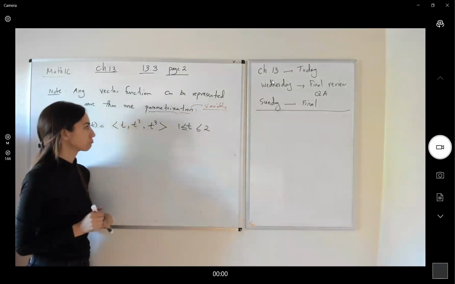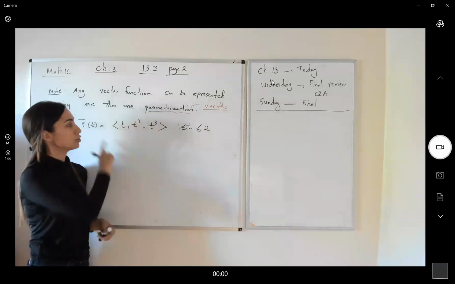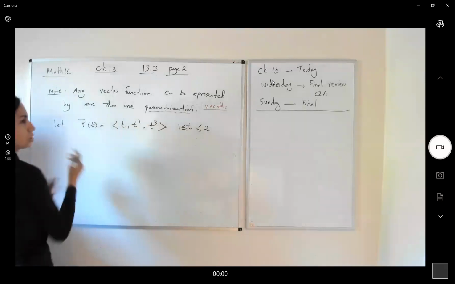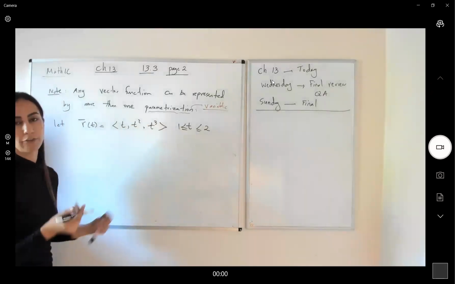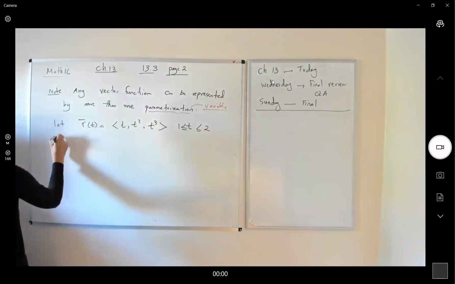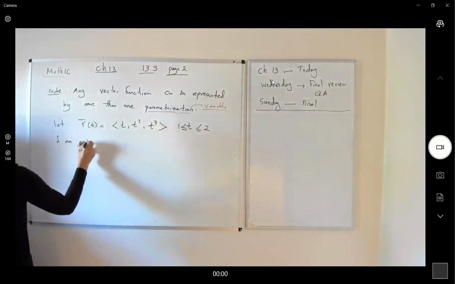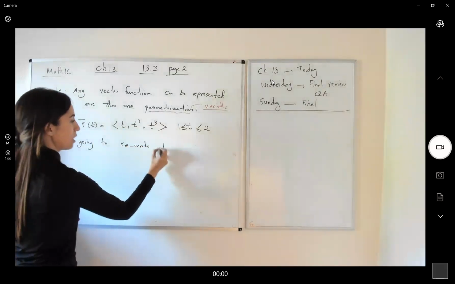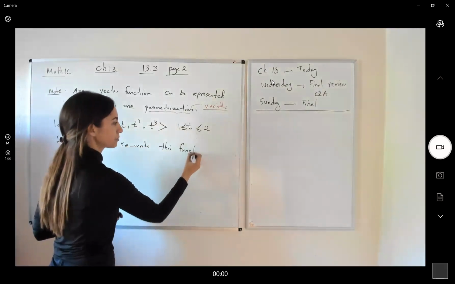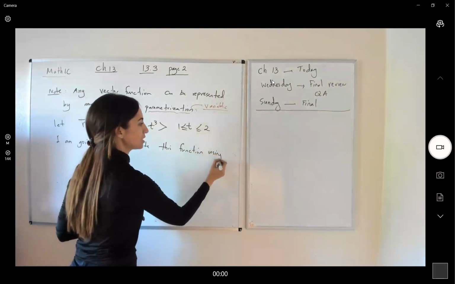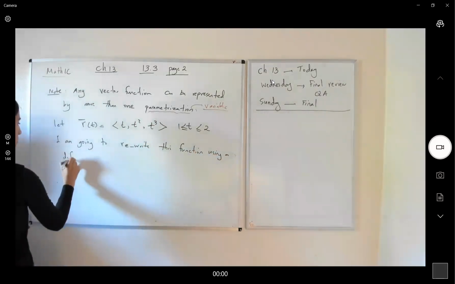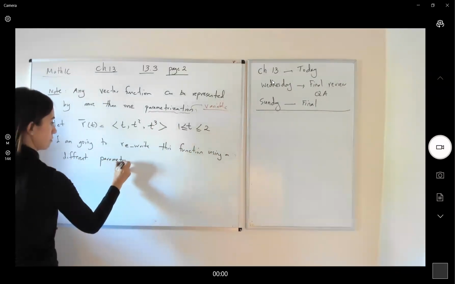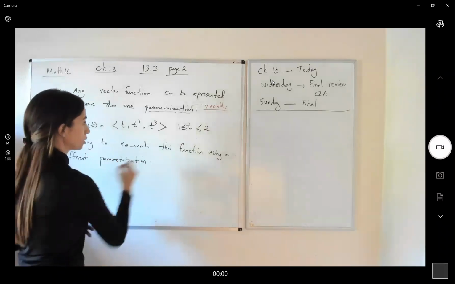What do I mean by that? I say, hey, I want to rewrite this vector function this way. This is my choice. You might have a different choice, another option. I'm going to rewrite this function using a different parameterization. How do I do that?